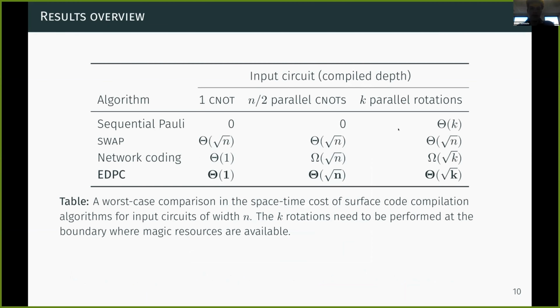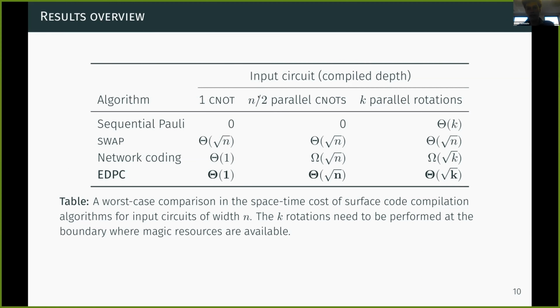So let me give a quick overview of the results that we will present. We will present EDPC, the edge-disjoint path compilation algorithm. And EDPC is able to compile singular C-naughts in constant depth, as I've showed before, whereas swap is lower bounded by the diameter, which is square root n.